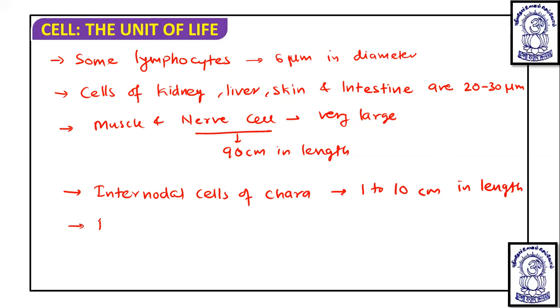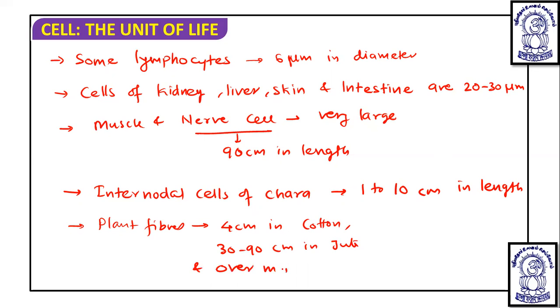If we talk about plant fibers, that is phloem fibers, they are 4 centimeter in cotton, 30 to 90 centimeter in jute, and over a meter in hemp.